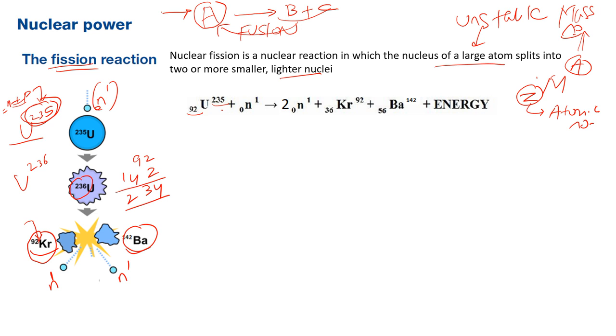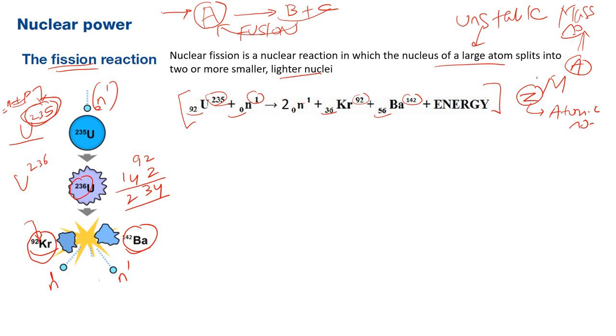All we need to check is that the bottom numbers, 92 and 0, are equal to the right-hand side. 36 plus 56 also gives you 92, which means that is correct. Same thing we can do for the upper number. 235 plus 1 gives you 236, and then there are 2 neutrons, and if you add 92 and 142, that will give us 236. So this is the way to write down this nuclear reaction.